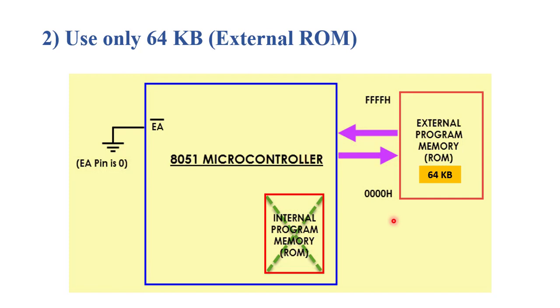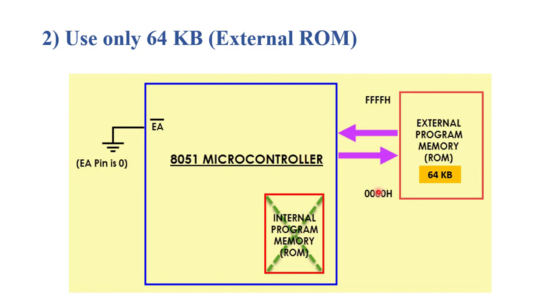Now two important points regarding program memory. Now 8051 microcontroller having 16-bit address bus. So the address of the program memory location, that is 0000H to FFFFH, is stored in the 16-bit program counter. Program counter is basically a 16-bit register. It is used to hold the address of the memory location from where the next instruction is to be fetched.